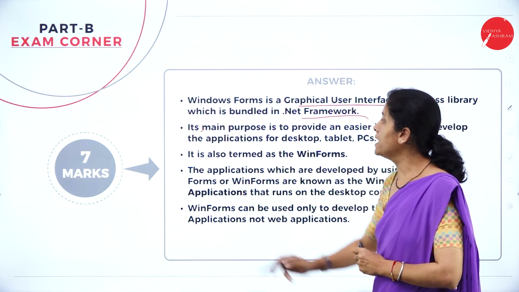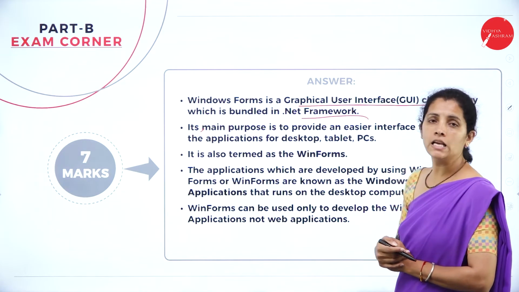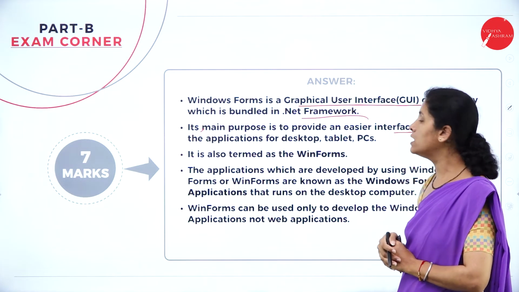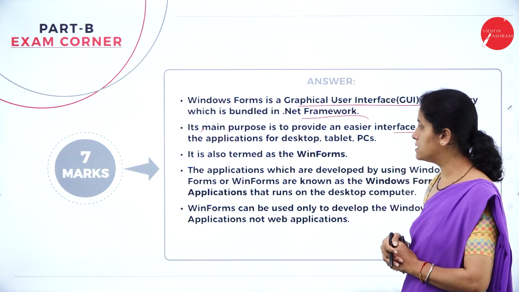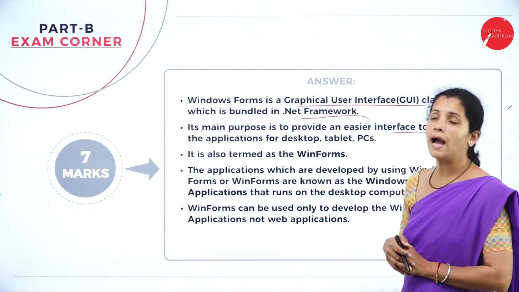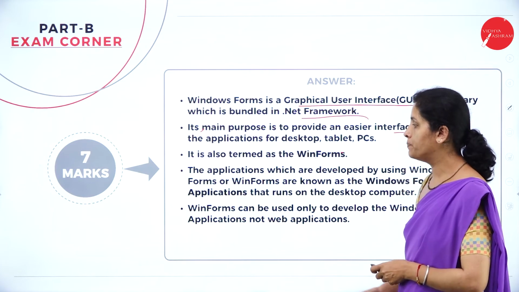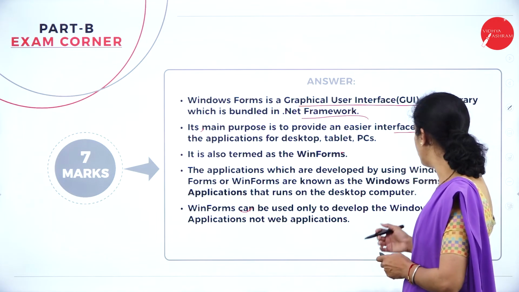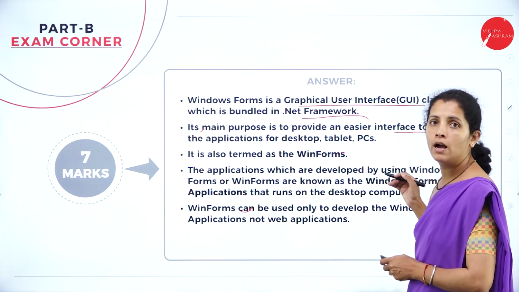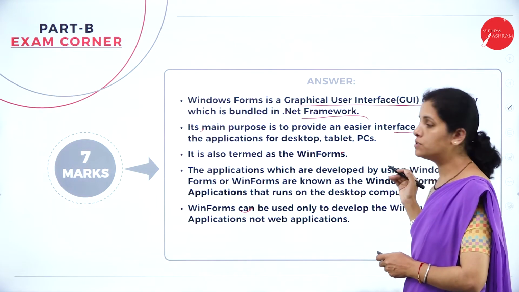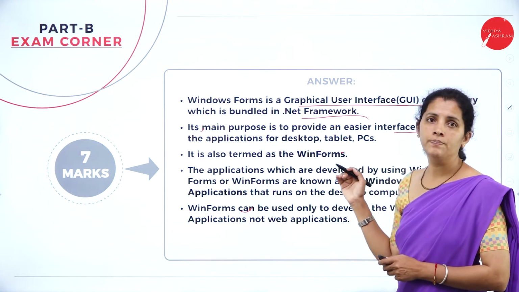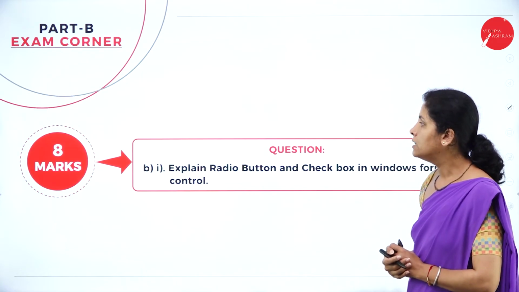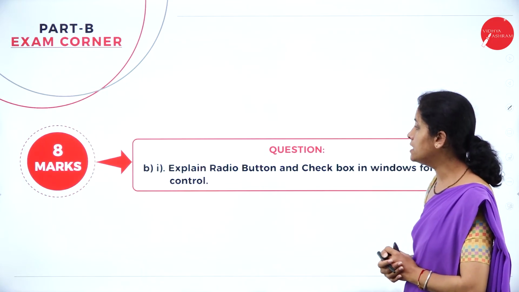So its main purpose is to provide an easier interface to develop applications for desktop as well as tabs. It is also termed as WinForm. Okay, WinForm can be used only to develop Windows Forms, and to run a Windows Form, I require a desktop system or laptop.